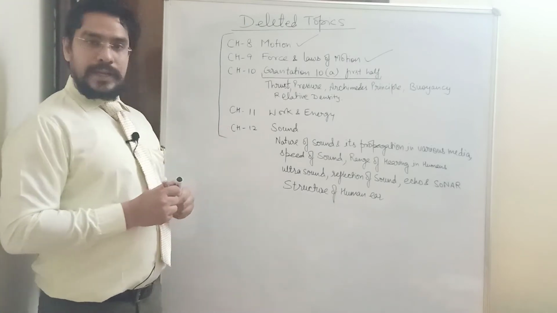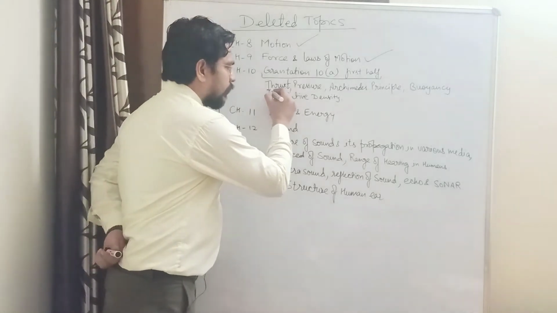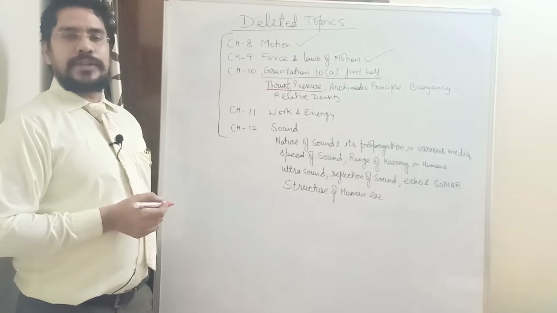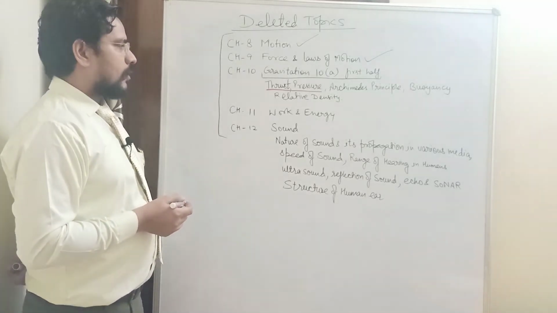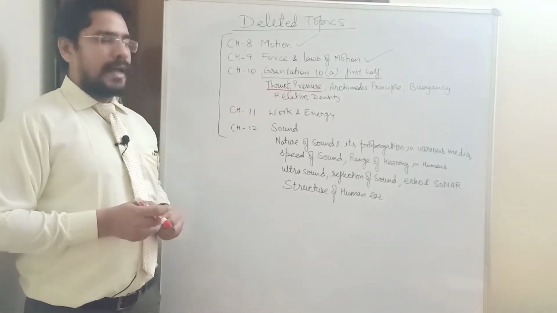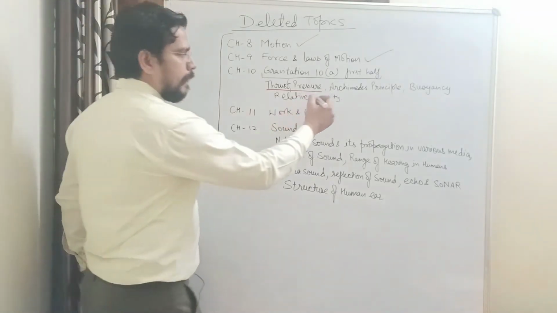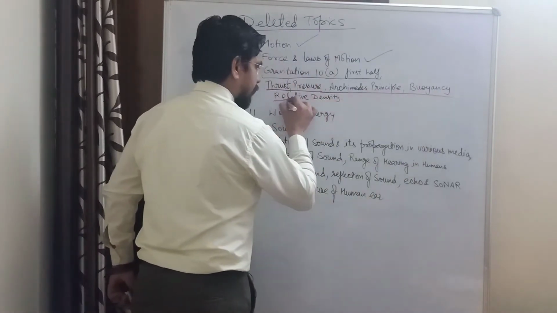In the last lecture, if you have seen my video, I discussed thrust and pressure, but now thrust and pressure is not in your syllabus anymore. I feel lucky that we have only covered the first 2 topics, and there is no need to cover the remaining topics of chapter 10, including Archimedes principle, buoyancy and relative density.